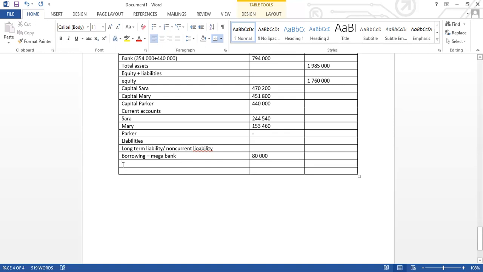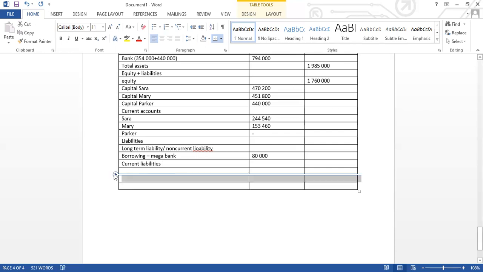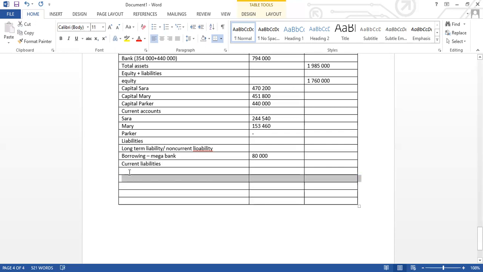And then we have current liabilities. Now under current liabilities there, we have accounts payable. Accounts payables were also not affected, right? So accounts payables, we have 141,000.